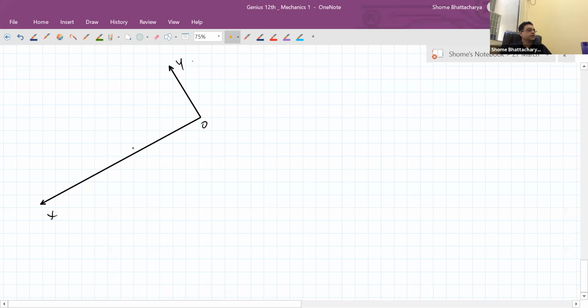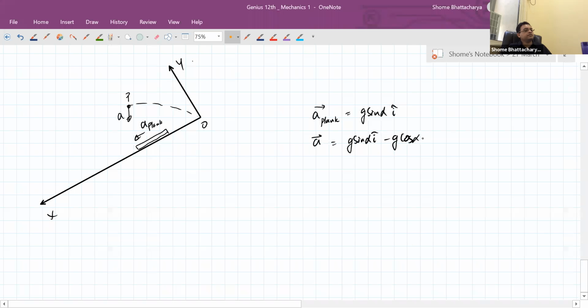As the Planck and the projectile are moving, the acceleration of the Planck is g sine alpha i cap, whereas the acceleration of the projectile is g sine alpha i cap minus g cos alpha j cap.